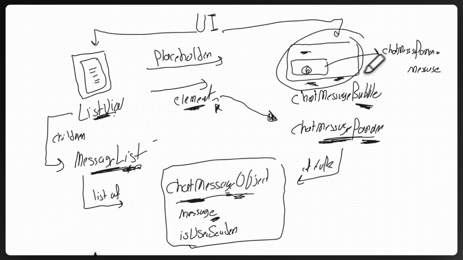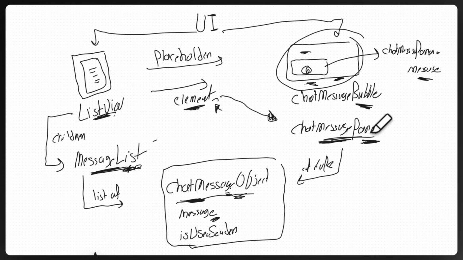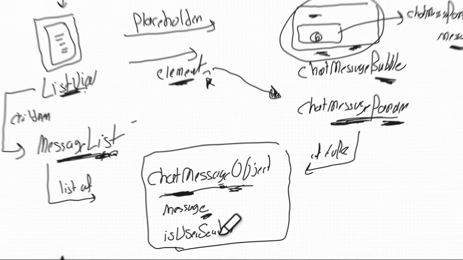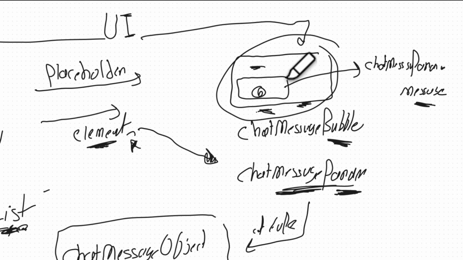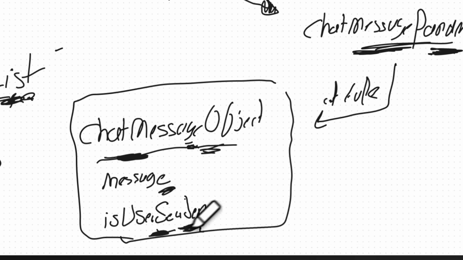When I did this, I could render the message that arrived to that instance of chat message bubble using the param, because the param is connected to the element, which is the item from the list that was passed to that bubble. And then I could also do other things using the boolean is user sender. So I could define the color of the bubble, and I could also change the bottom left and the bottom right radius depending on whether the sender was the user or ChatGPT, using the boolean is user sender.